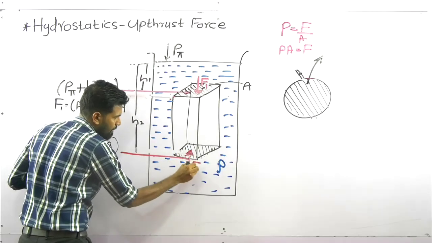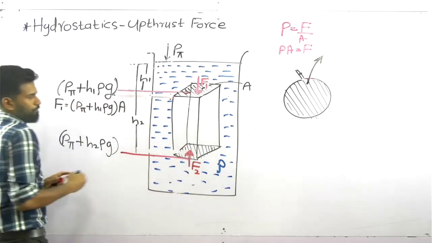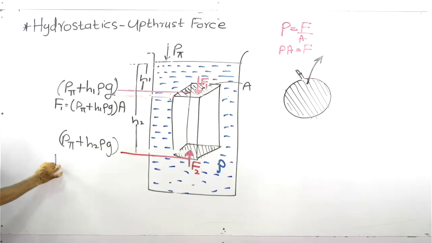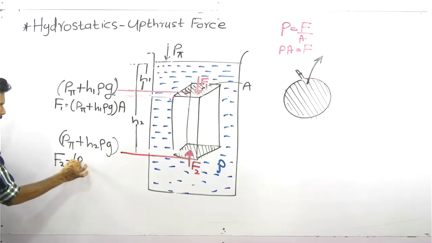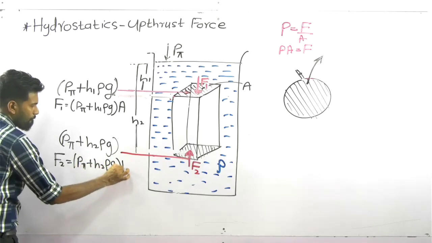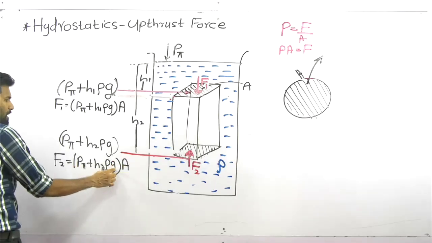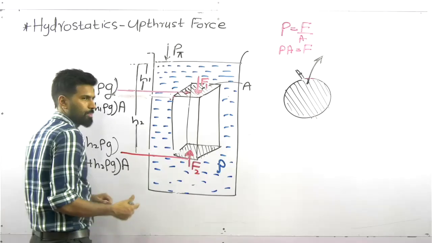So the force here, F2, is acting upward also. F2 is equal to pressure multiplied by the area: P0 plus H2 rho g multiplied by the area.